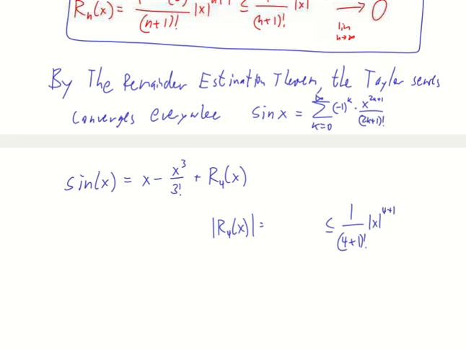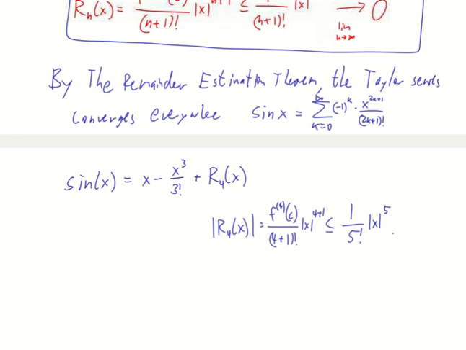We don't know exactly what the value of the fourth derivative with c plugged in is. And since we don't know exactly what that value is, we're just going to bound it with 1, because it can't be any bigger than 1. But now what we know is that the remainder can't be any worse off than x to the 5th over 5 factorial.